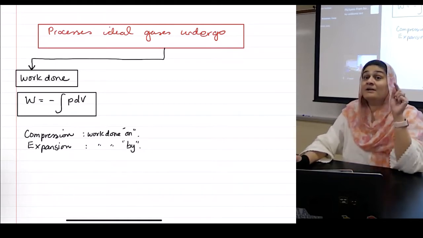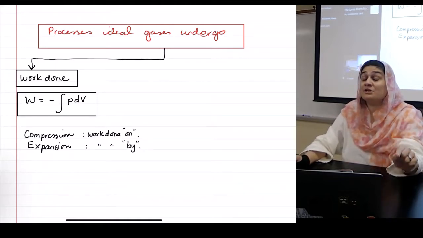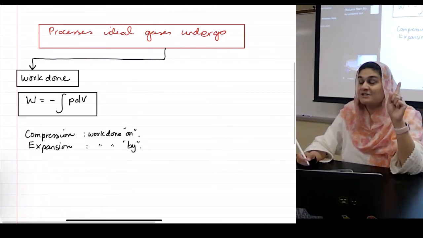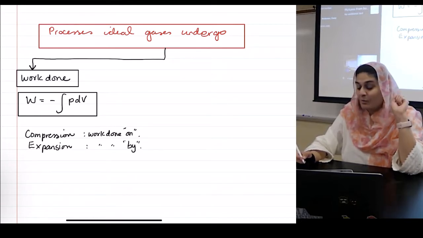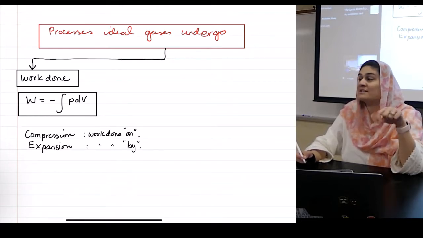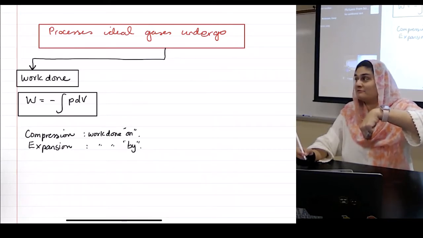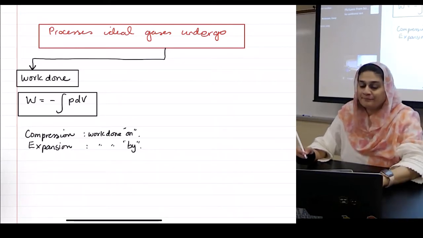When we have work done on the system, is the internal energy going to go up or down? Up. Is the temperature going to go up or down? Up, right? When we have expansion work, is the internal energy going to go down or up? Down. And then is the temperature going to go up or down? Down. Done.